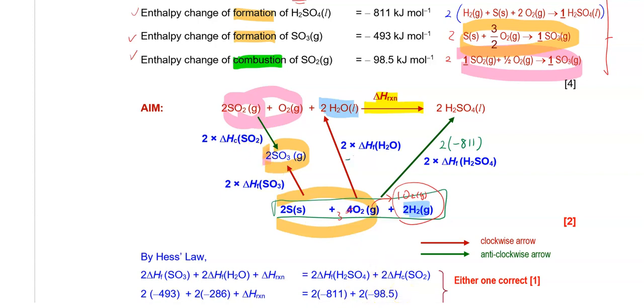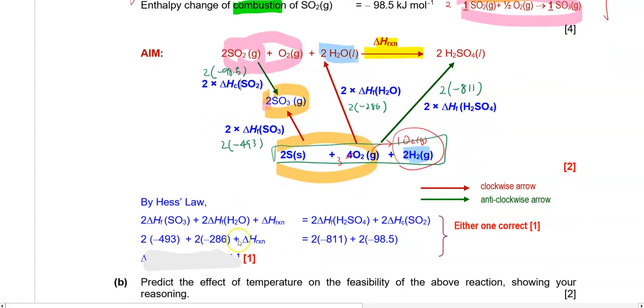As a recommendation, you can consider putting in the values here: 2 times negative 286, 2 times negative 493, and 2 times negative 98.5. That can help you sub in the values more easily. You should end up with a value of negative 261 kJ per mole.